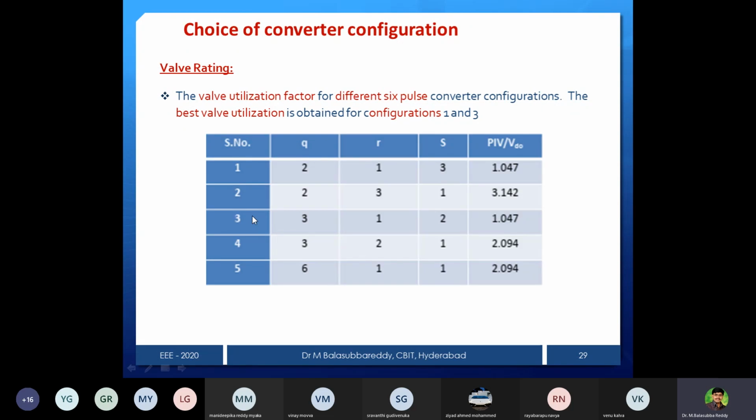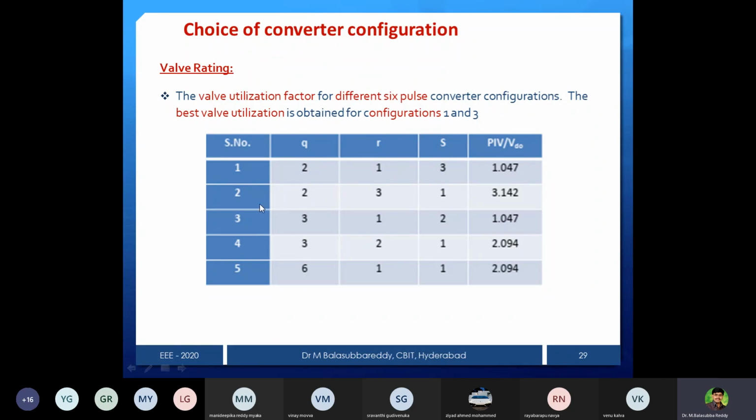You can notice here that Q valves are in parallel, and only one basic circuit is connected in series, and that many basic circuits are connected in parallel.